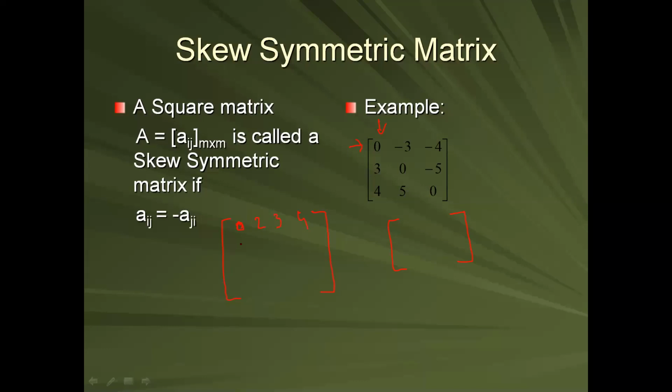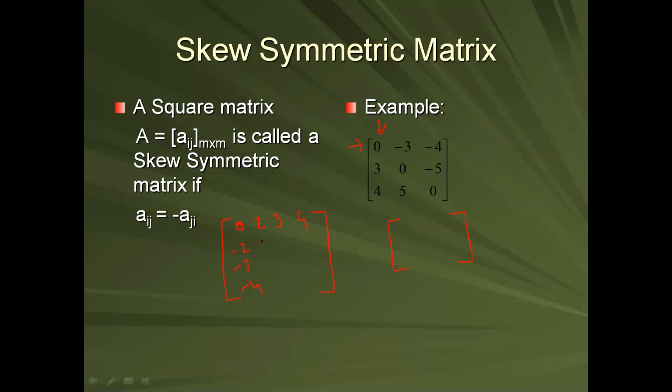Column was 2, 3, 4. Which matrix is this? Skew symmetric, so it will be -2, -3, -4. Yes.